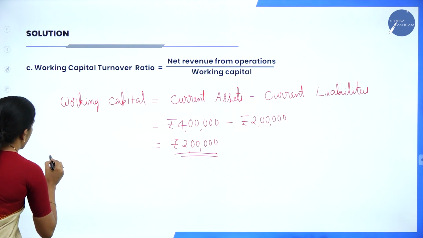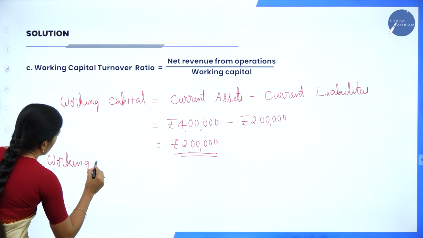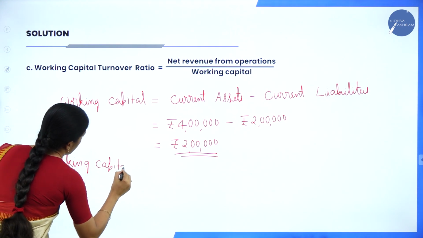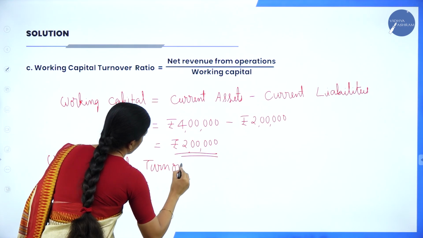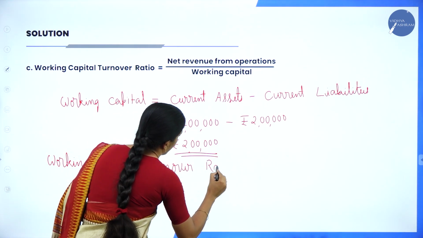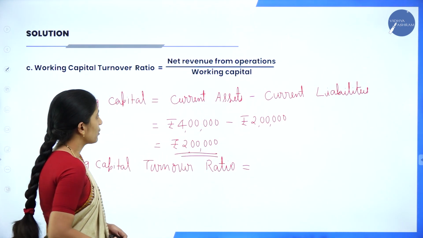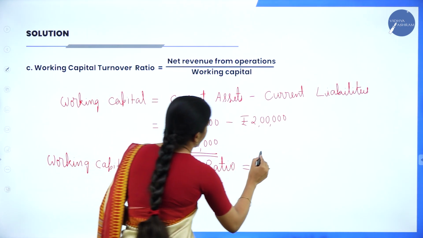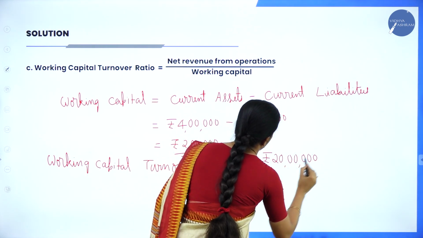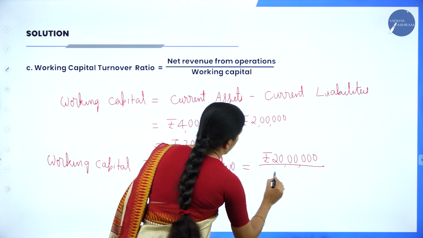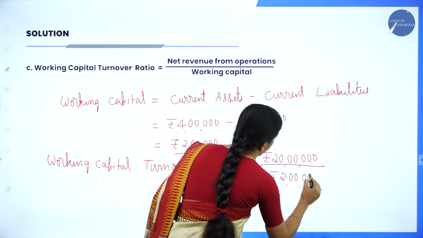Now apply the formula. Working capital turnover ratio is equal to net revenue from operations, that is 20 lakh rupees, divided by working capital, that is rupees 2 lakh.